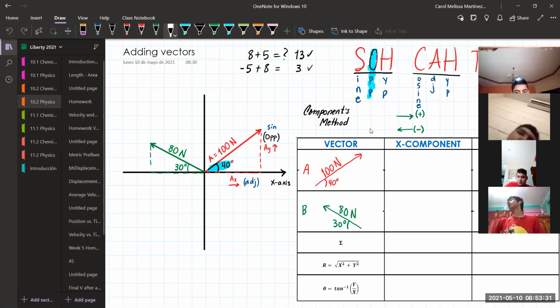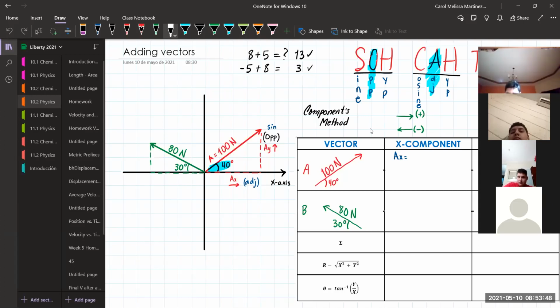The reason is because the side AY is opposite to my angle. And for my X component, AX, I'm using the adjacent side. The adjacent side is for the cosine. So for AX, I'm going to be using this formula: hypotenuse times cosine of my angle.